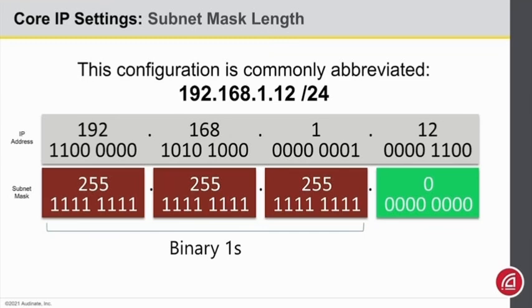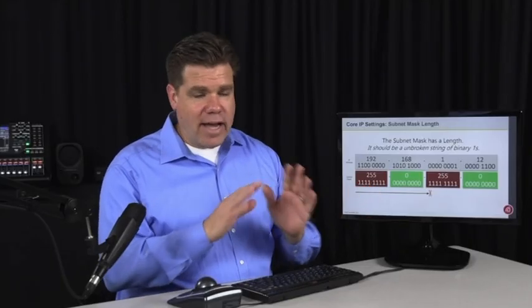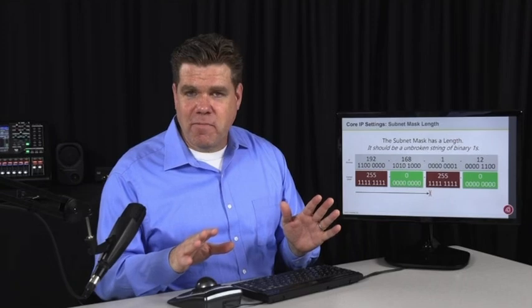Now, the best practice is that the subnet mask should always be given as an unbroken string of binary ones, followed by an unbroken string of binary zeros. So this subnet mask is bad. As we go across, we have binary ones, then we start to have binary zeros, then we go back to binary ones. Now this is a party foul right here. IT will make you do the walk of shame. Okay?